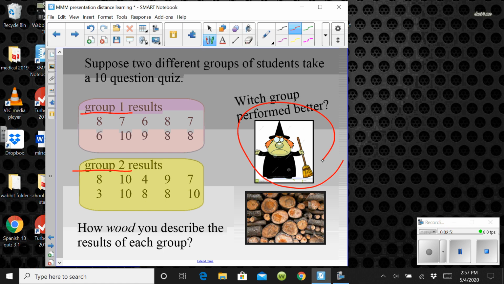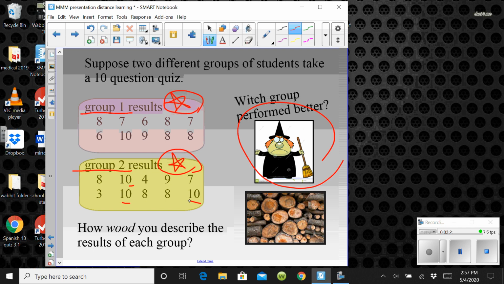I've asked that question of a lot of students in the past, and I always have students that say group 1 did better, because if 60% of the points is passing, all 10 students pass the test. Other students say group 2 performed better because they had 3 students with perfect scores on the quiz.